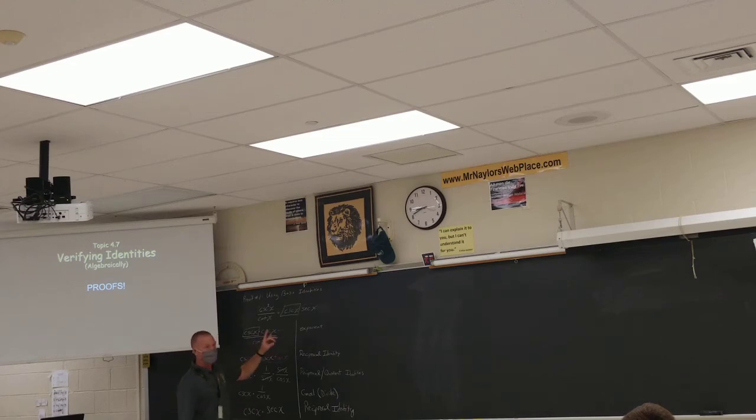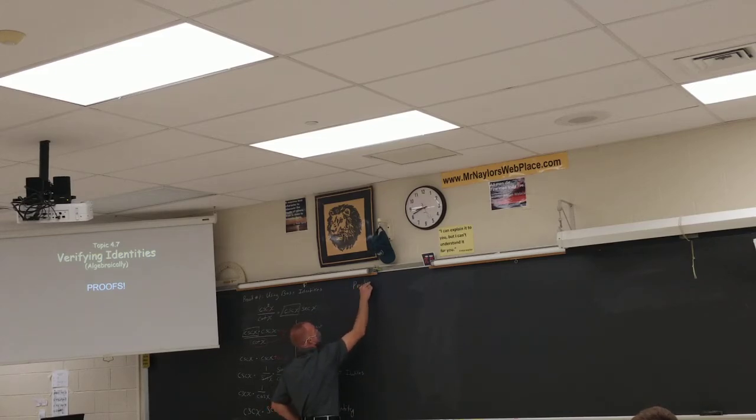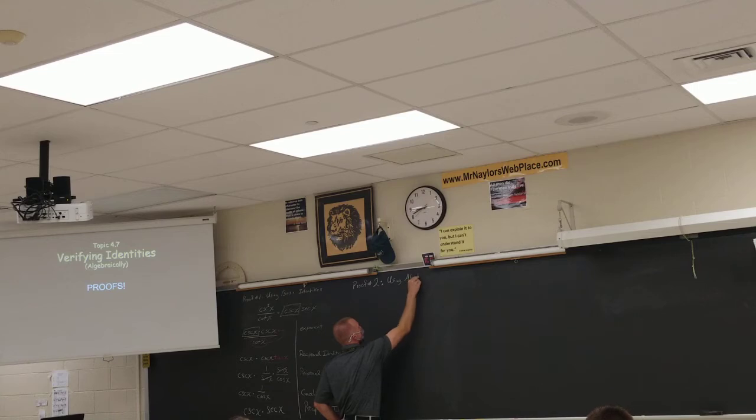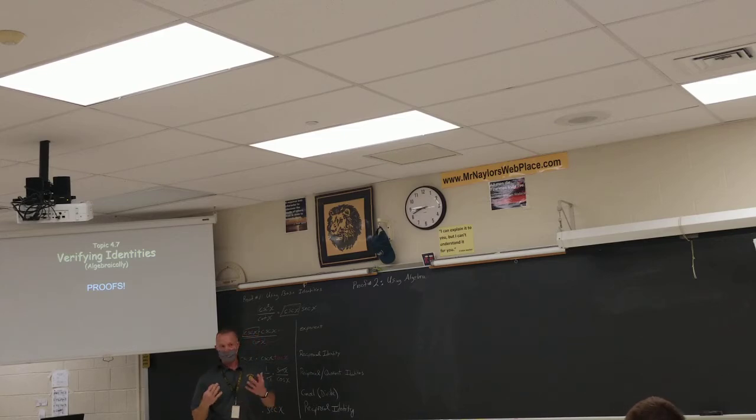Okay, so proof number one, basic. Basic doesn't mean easy. Nothing is easy right now. But it does mean that we applied some basic identities. Let's use some algebra. Every problem uses algebra, but you'll see this problem sort of has algebra written all over it.